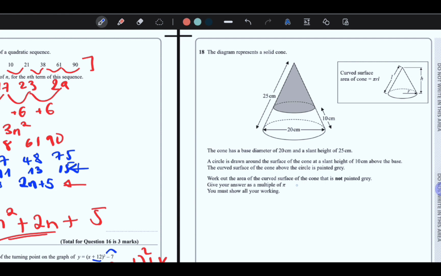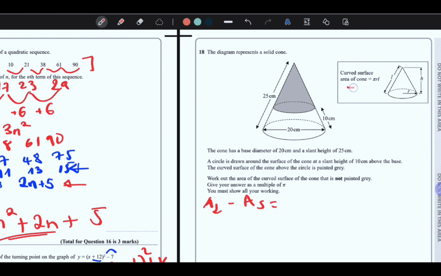Okay, so we're going to start by finding the area of the large cone and subtracting from it the area of the small cone, the one which is painted gray.